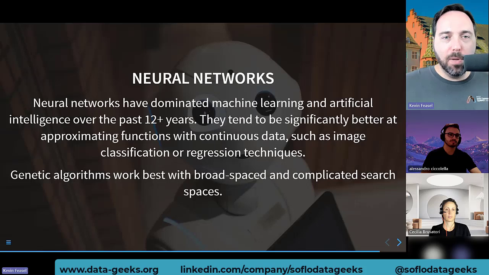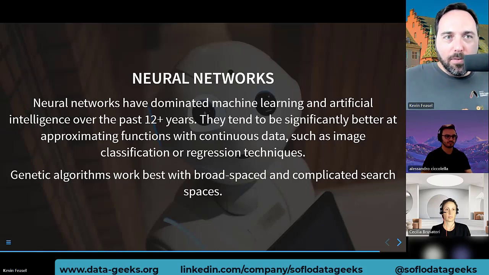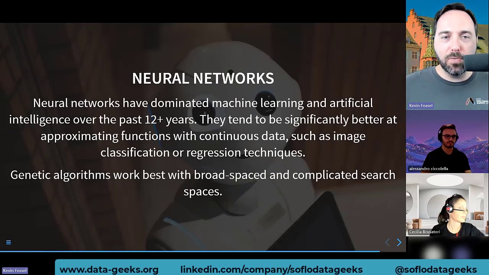Image classification: if I give you 1 million images, and I say these are cats, these are dogs, and tell me if this image is a cat or a dog, a neural network is fantastic at that. Specifically, convolutional neural networks tend to be really good at that. When handling natural language, there are other types of neural networks, generative adversarial networks, or things using long short-term memory or transformers that are really well designed for the type of problem.